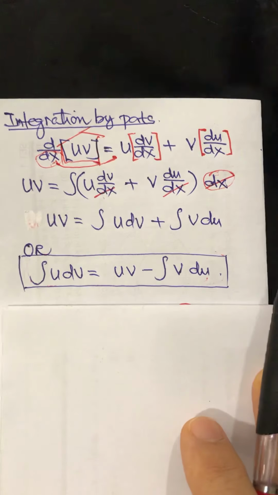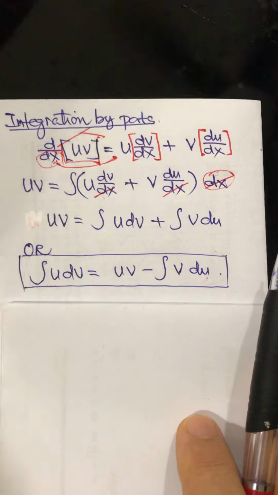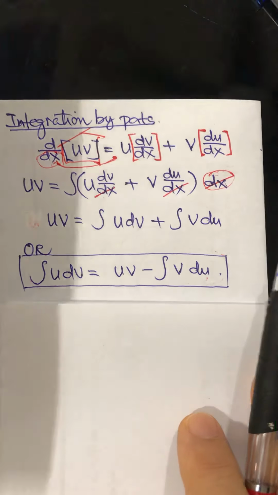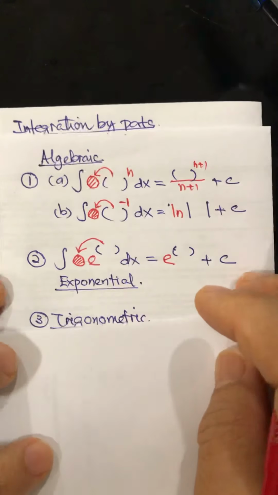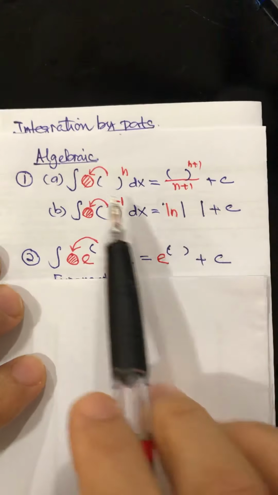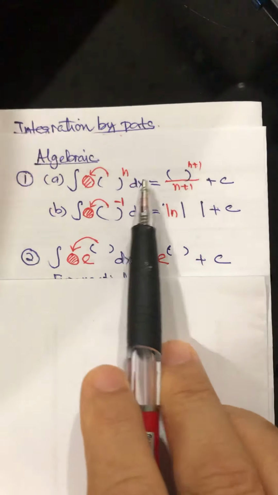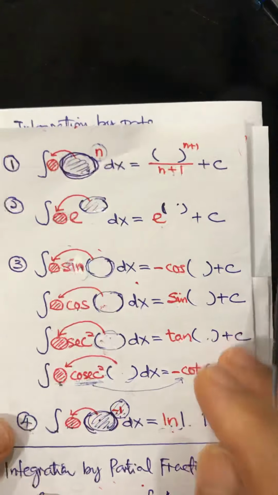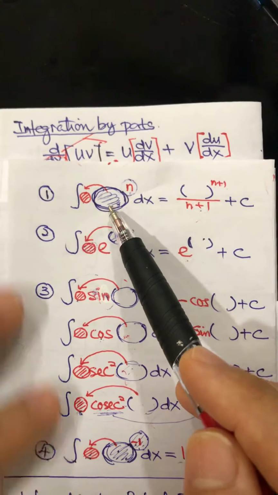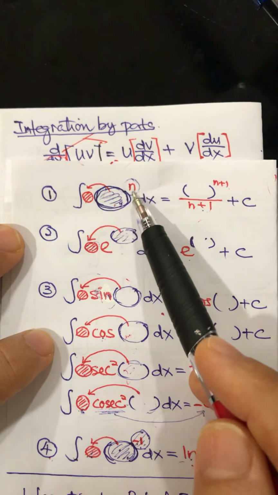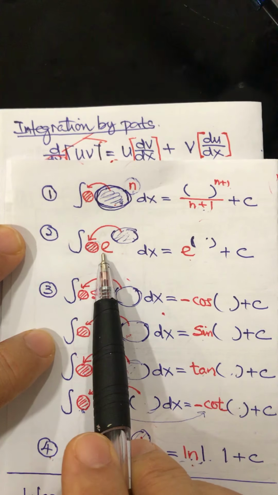So when are we going to use integration by parts? You look at this. We have already learned this. All these are algebraic functions. What I mean, just now I showed you this. Actually here, this is algebraic, that means the power. When we have the power, this is called algebraic. e is called exponential.